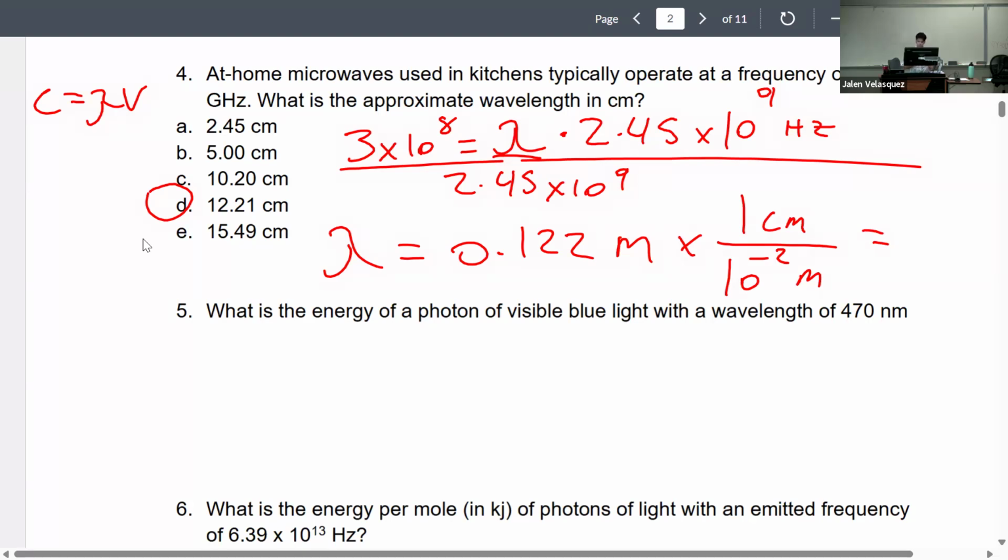Okay. So number 5, what is the energy of a photon of visible blue light with a wavelength of 470 nanometers? Okay, what are we thinking here? What equation do we have to use?